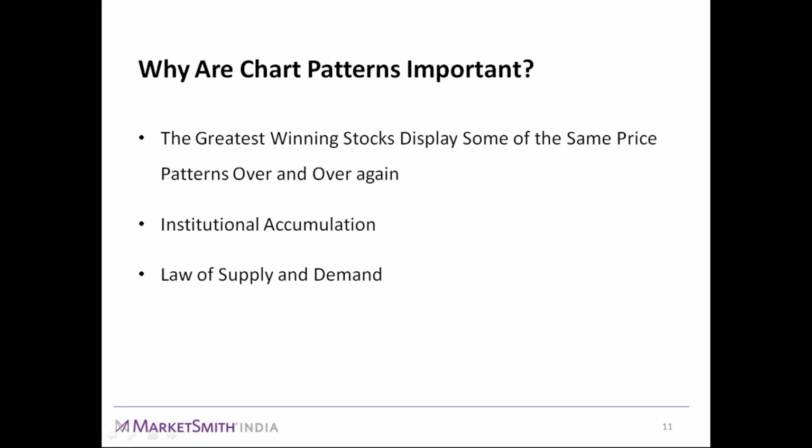Now, the founder of our company, William O'Neill, when he started researching some of the biggest winners during the last 5 decades, started looking at some of these big movers during his time, and he saw that some of these big winning stocks, like say Google or Yahoo, started displaying some price patterns before they made their big up moves.